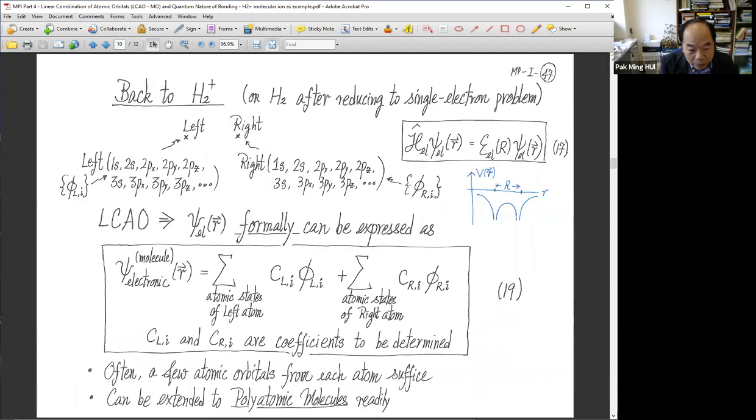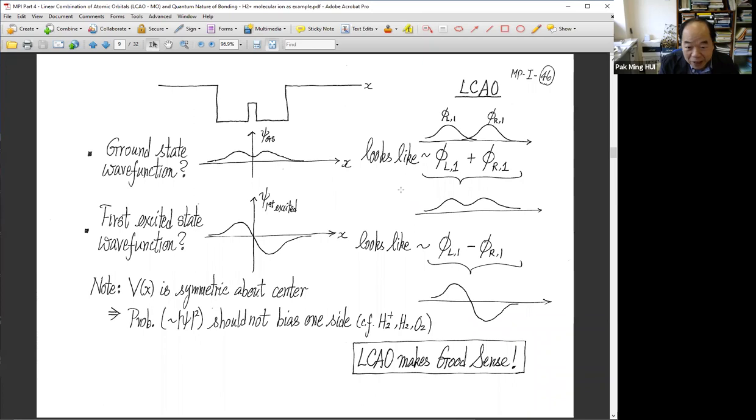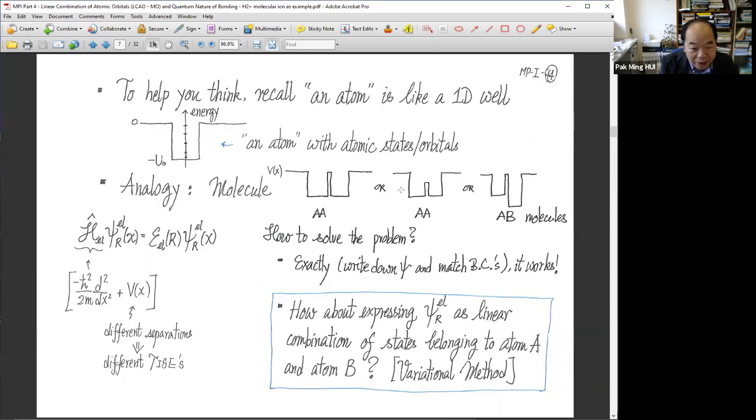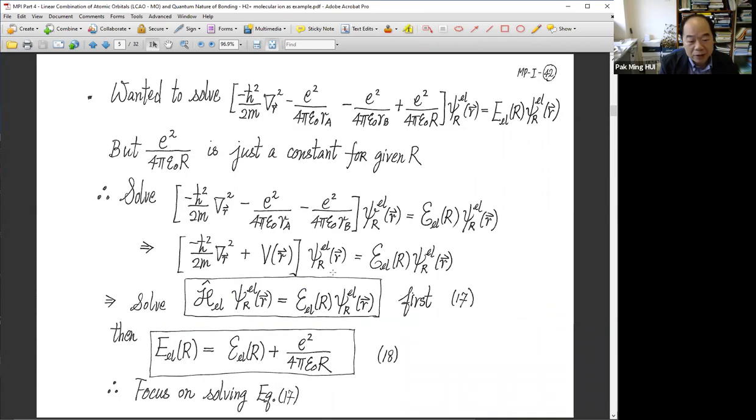So the Hamiltonian becomes a single electron kinetic energy. The electron sees the nucleus A, sees the nucleus B, and the two nuclei repel.